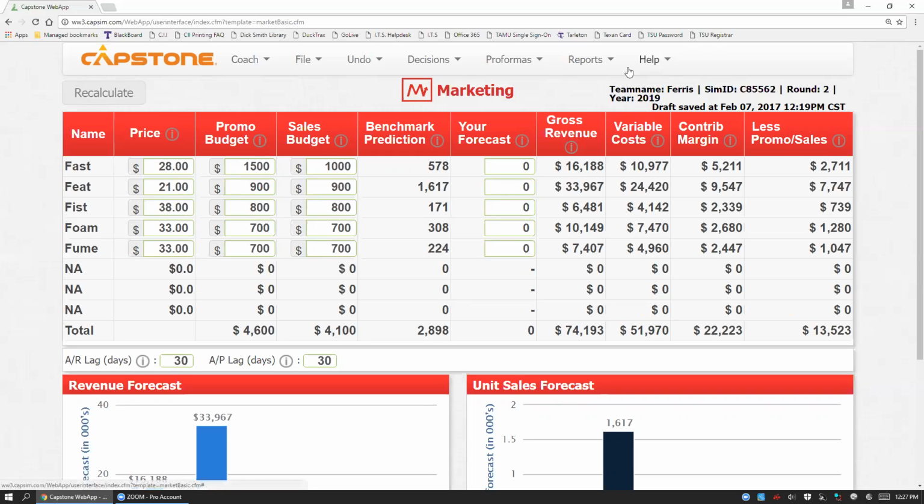You can go to the members guide to look at the chart that displays diminishing marginal returns for your sales budget. I'm not going to delve into that now. It's similar to your promotional budget with one difference.